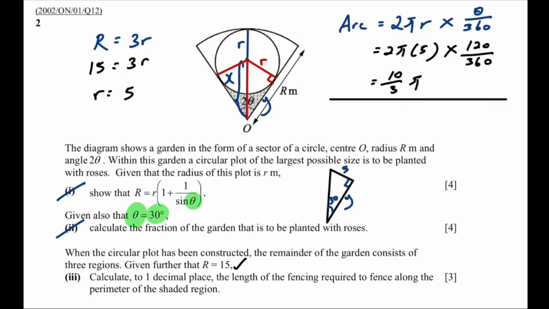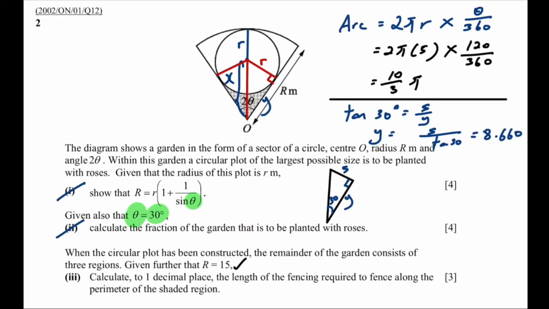Therefore, tan 30 equals 5 over y, so y equals 5 over tan 30. Then your answer will be 8.660. Okay, now we can find everything already.